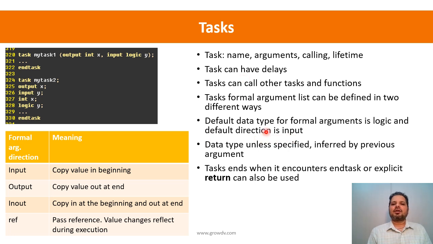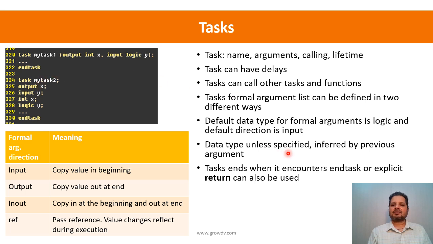Then the default data type for formal arguments in SystemVerilog is logic. Okay, we have already studied the logic data type. It's a variable and can take 4 values. And then the default direction of the arguments is input, and the default type, unless specified, can also be inferred from previous arguments.